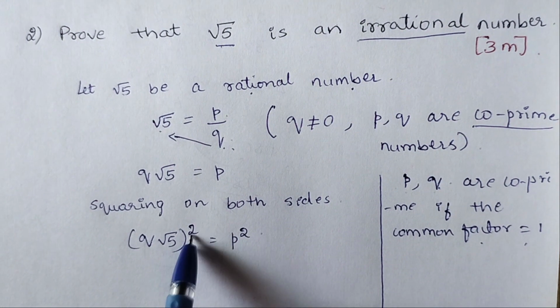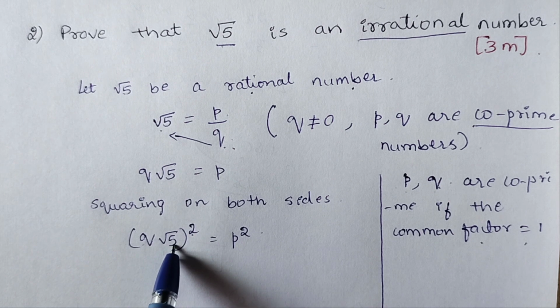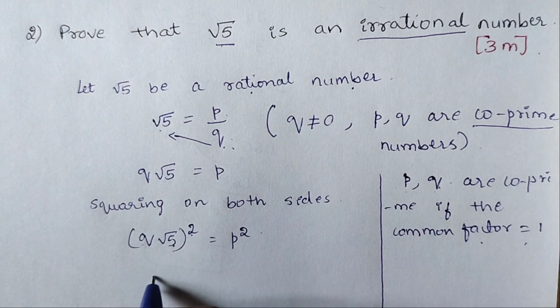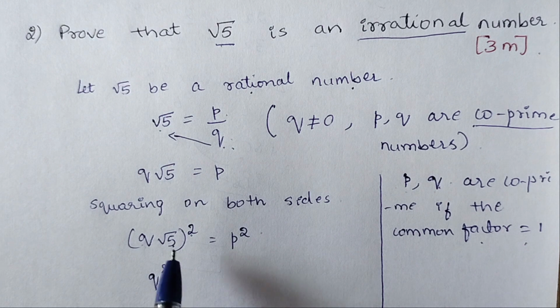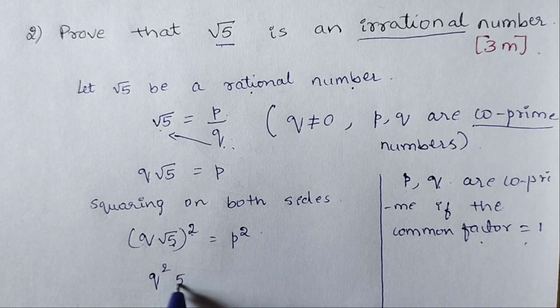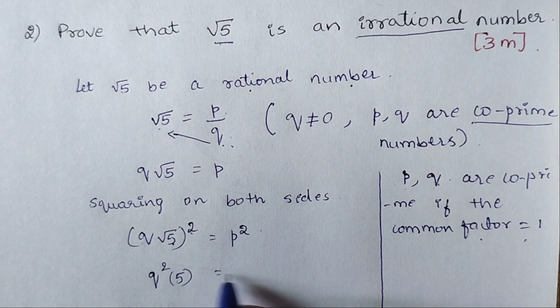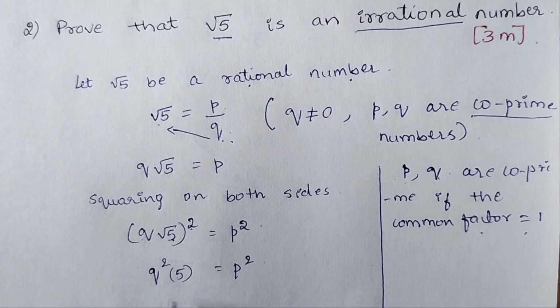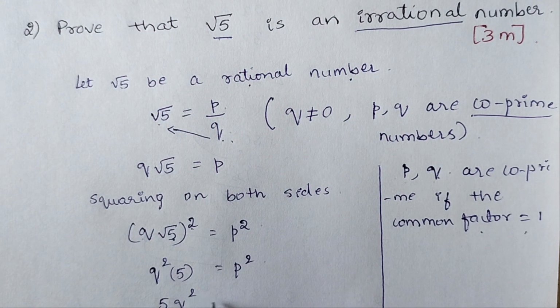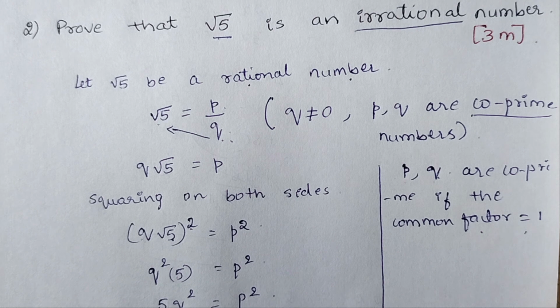So this square is applied to both the terms. Here q square into root 5 whole square is nothing but 5, which is equal to p square, or I can write this as 5q square is equal to p square.